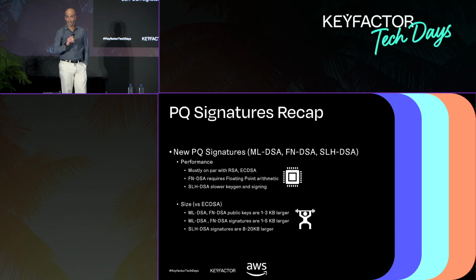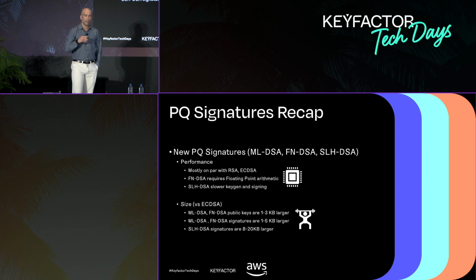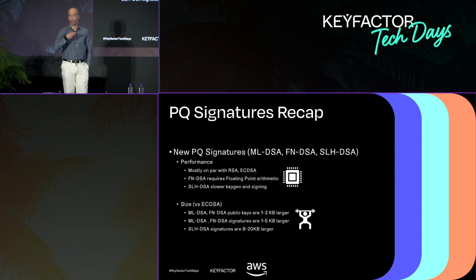If we're talking about SLH-DSA, the public keys are small, but the signatures are bigger. They're 10 to 20, depending on the parameter. So it's frequently talked about that these signatures are bigger, the public keys are bigger, so we have to carry more data, and that could introduce slowdowns or performance degradation.